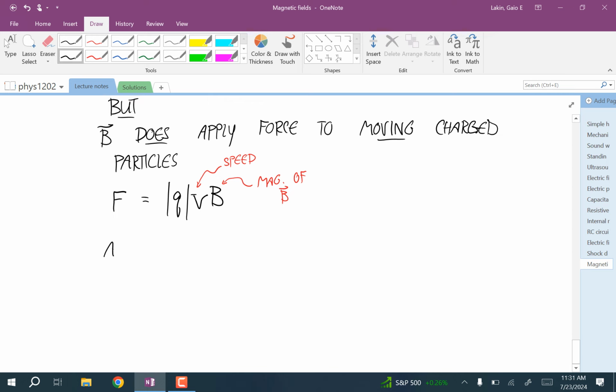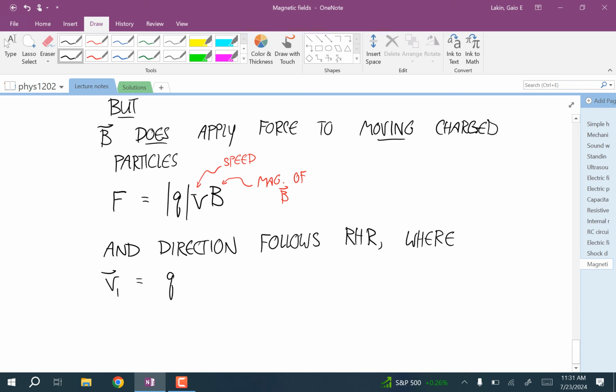And the direction, because a force is a vector, it has a magnitude and a direction, follows the right-hand rule, where the first vector is the charge times the velocity vector, okay?